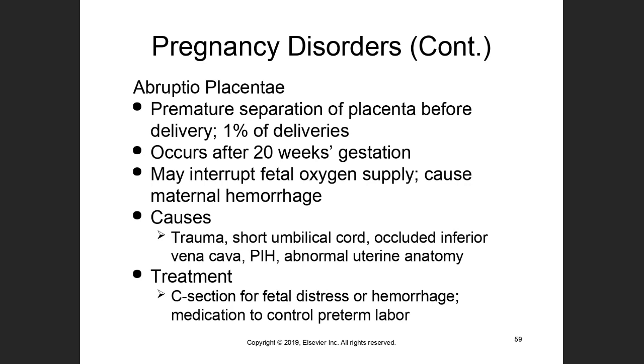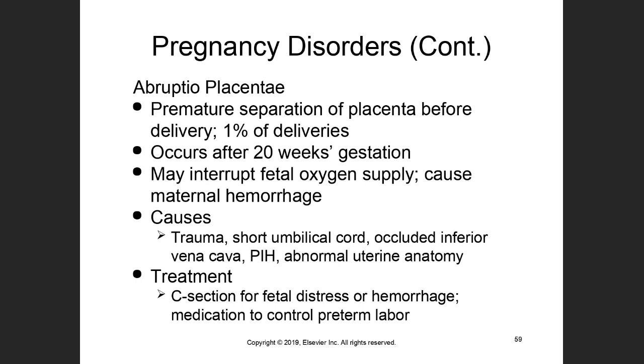Abruptio placentae is a separation of the placenta from the uterus. One of the causes could be trauma, or severe hypertension. Now, the difference in presentation is that those patients are going to have painful bleeding.